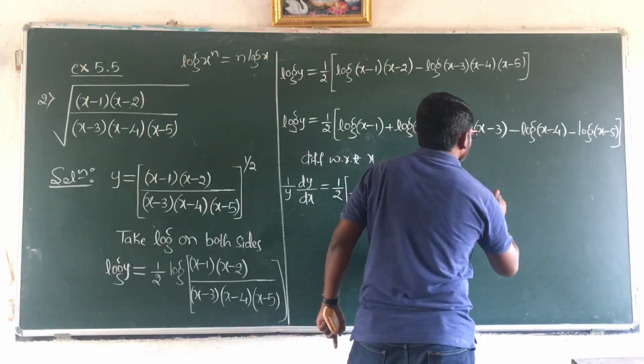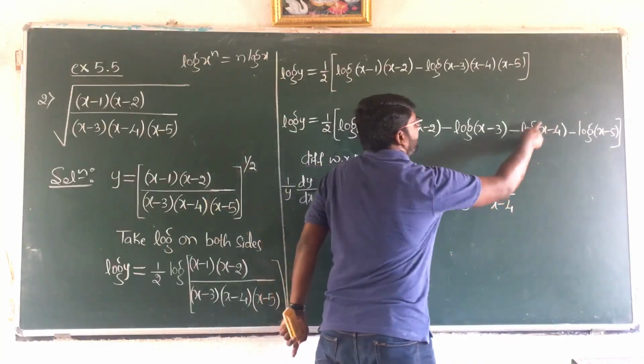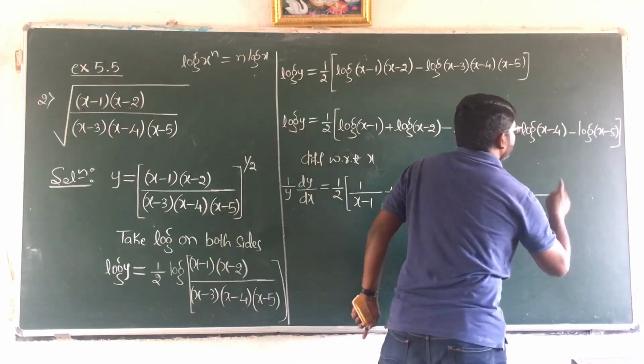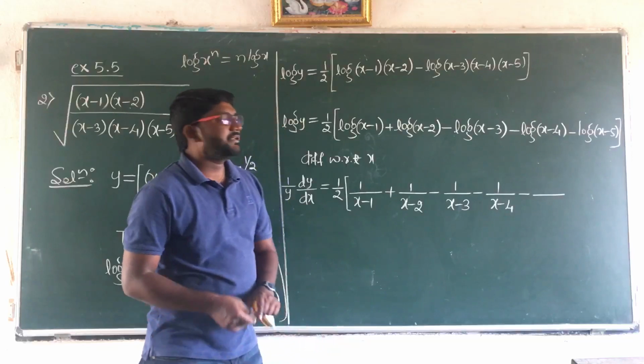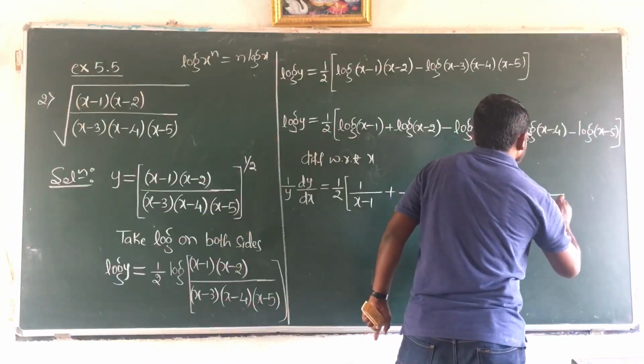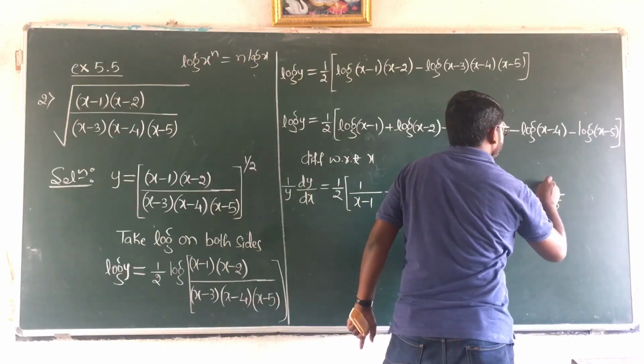Then minus 1 divided by x minus 4, derivative of x minus 4 is 1. Then minus the derivative of log of x minus 5, which is 1 divided by x minus 5, and the derivative of the inside function x minus 5 gives us 1.